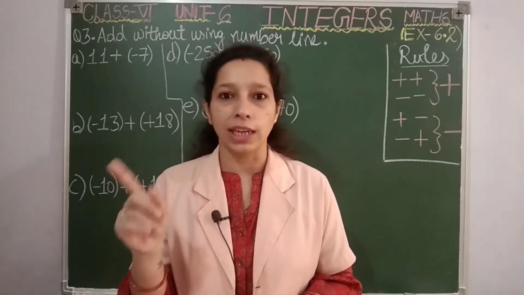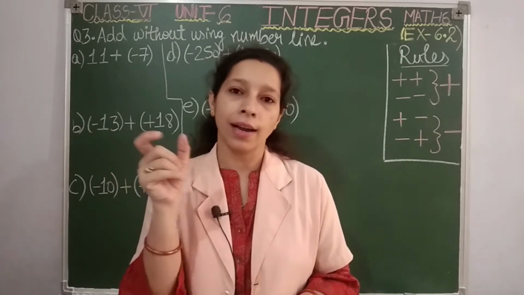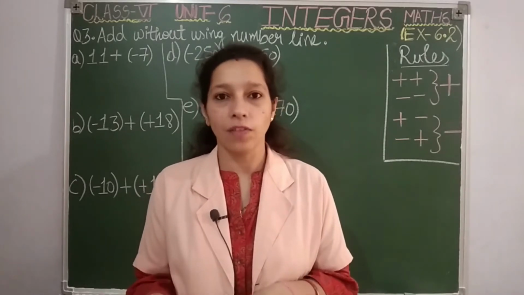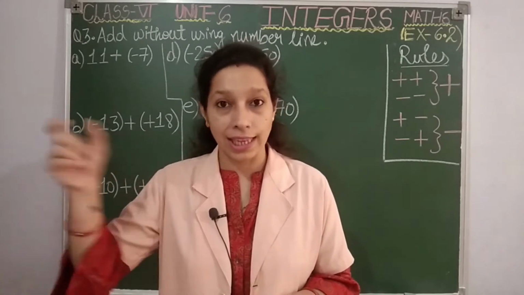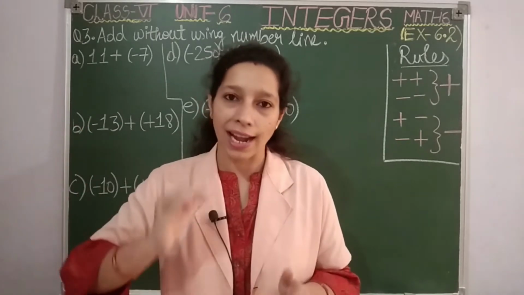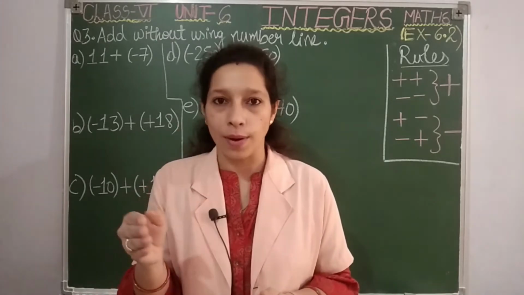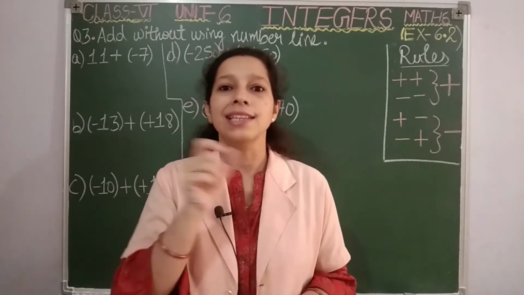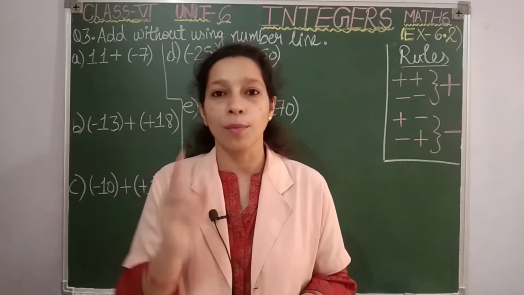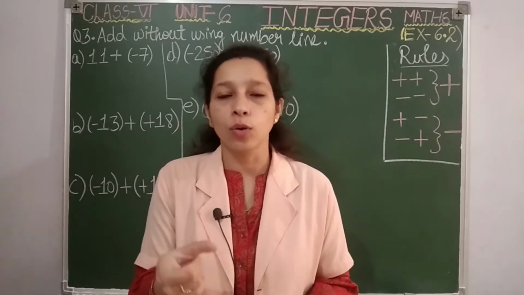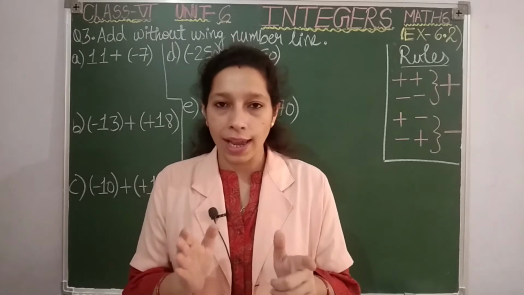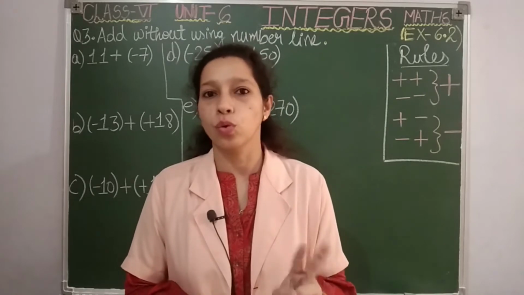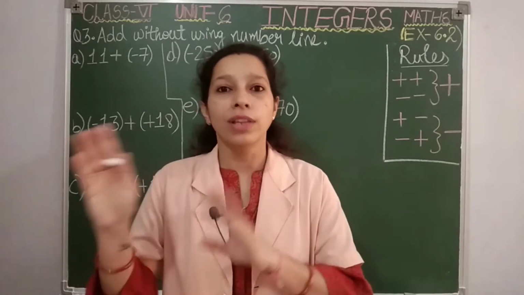I am not talking about which integer is greater, because if there is one negative integer and one positive integer, then obviously the positive integer will be greater. That's why don't see the integers at that time, see the numbers. After adding or subtracting the integers, see the numbers. The number which is higher, the sign it is given with, minus or plus, that sign only you are going to use with the answer. Whichever number is bigger, the sign in front of it, that sign only you are going to write with your answer. Understood? When you see it practically, it will be more clear to you, students. So don't forget these 2 rules while addition or subtraction of integers without using number line.